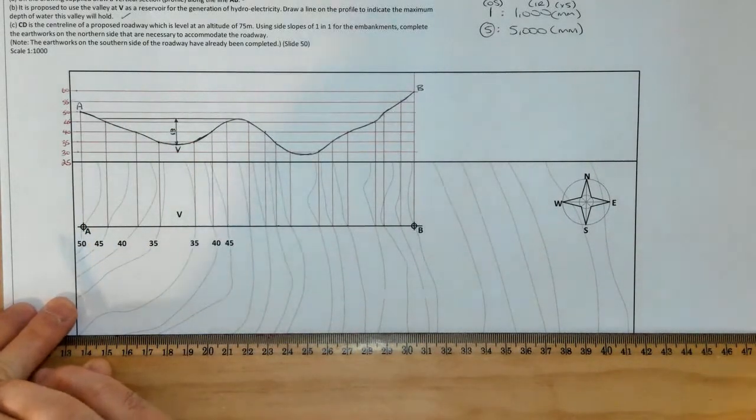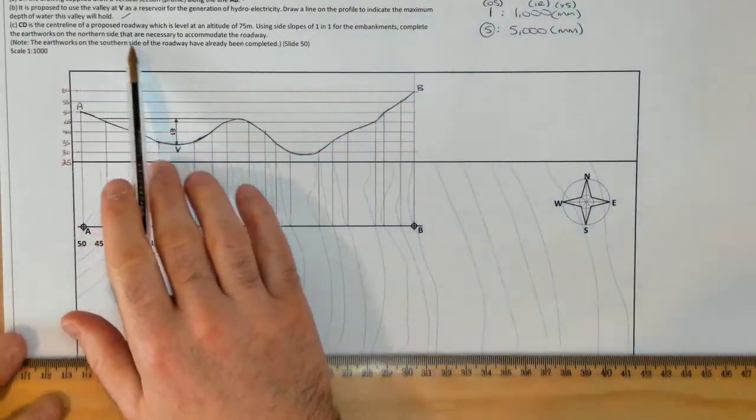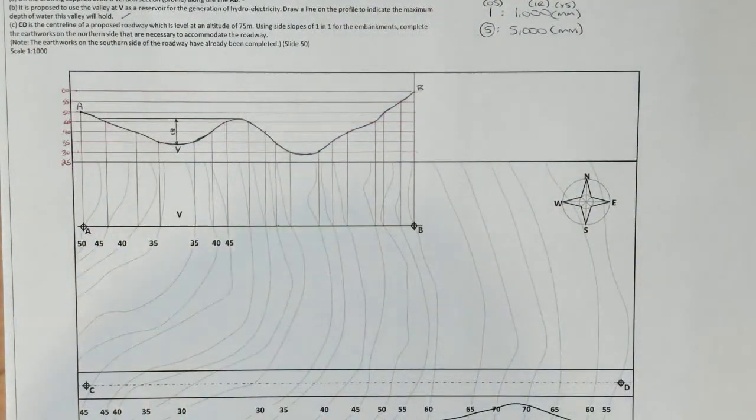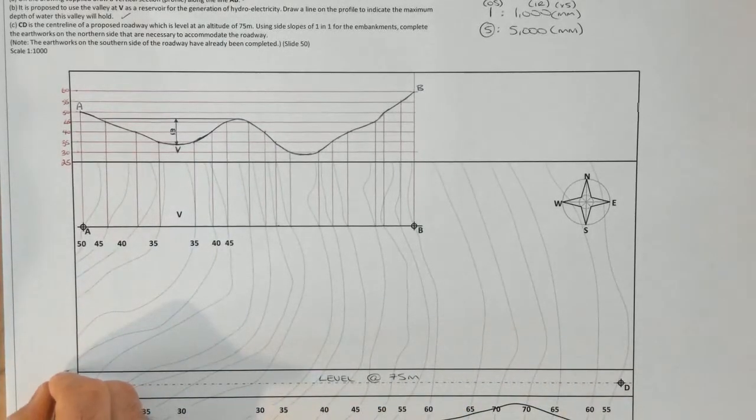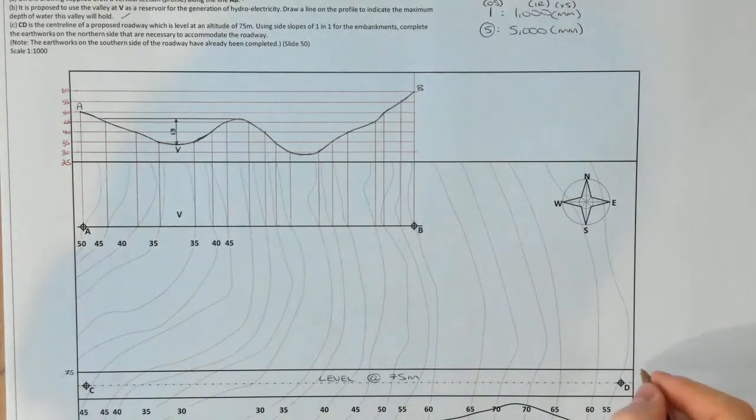So part C, CD is the centre line of the proposed roadway, which is level at an altitude of 75. So the road here is level at 75 meters height. That means the side of the road there is 75 meters in height. Okay, same over here.